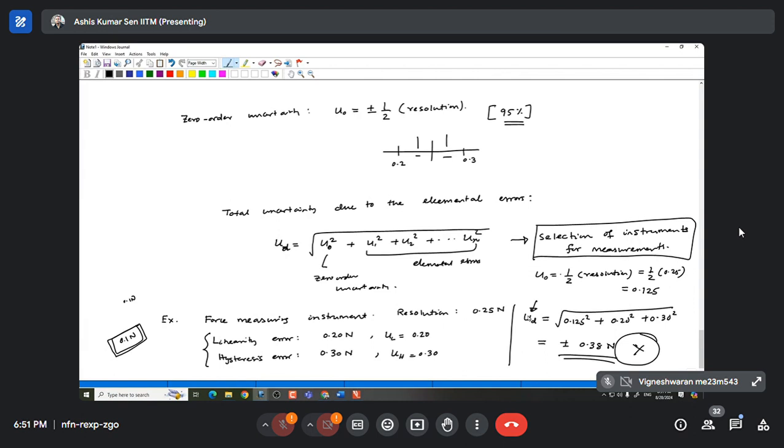So I wanted to talk about the propagation of uncertainty. Maybe we will do that in the coming class, but I will just give you some perspective. Let's say you are trying to measure pressure drop across a pipe, which depends on many parameters like the velocity inside the pipe, the length of the pipe, the diameter of the pipe, the friction factor, how rough or smooth the pipe is, and so on.